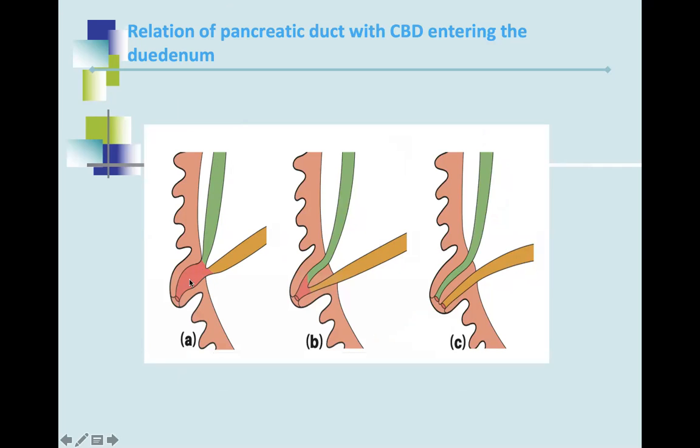So if there is obstruction in this ampulla of Vater, bile will go into the pancreatic duct or pancreatic fluid will go into the bile, and both can lead ultimately to activation of the pancreatic enzyme. Or they even have a different course, but ultimately they have one single opening. Again, the same phenomena, that there will be activation of these enzymes. Now, if their openings are separate, then there is less chance of gallstone pancreatitis because there is no obstruction to that area.